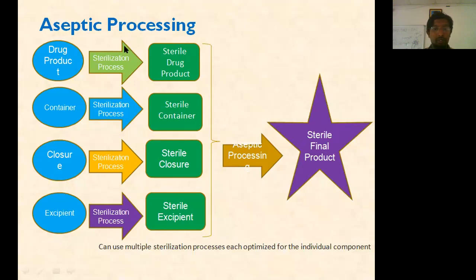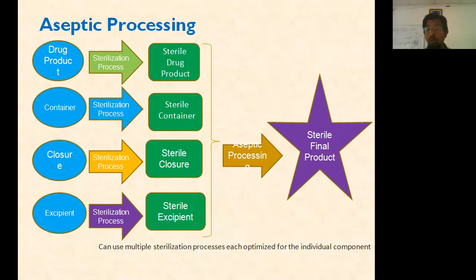First the drug product is taken, the sterilization process is carried out, sterile drug product came. Containers, the sterilization process is carried on, sterile containers I achieved. Then closures, sterile process, sterile closures I got. Excipients underwent the sterilization process, sterile excipients I got.